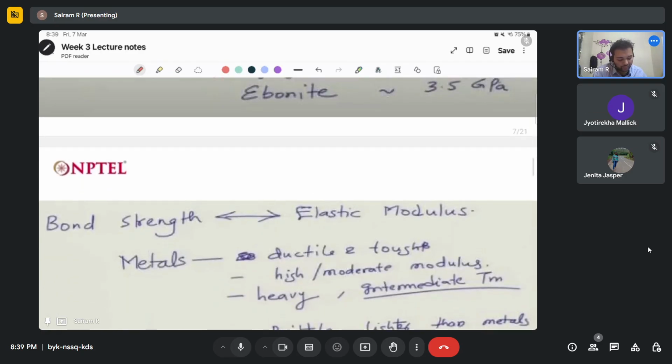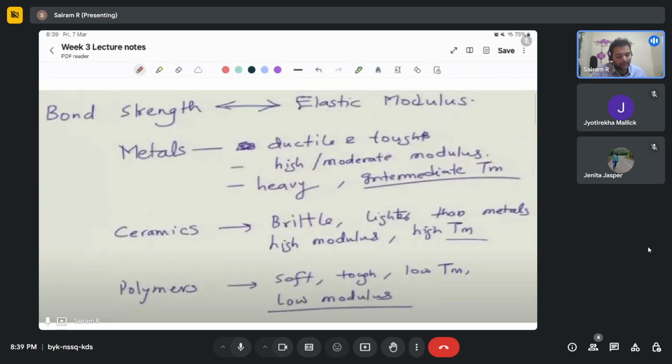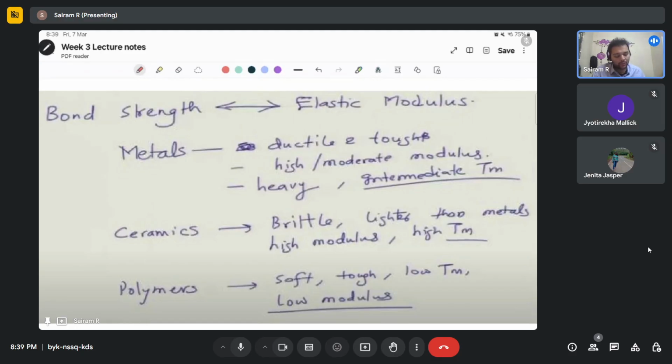So all these things are finally dependent on the bond strength or the bond energy and the elastic modulus. We see a very direct correlation between these two. Again, we see a correlation between the elastic modulus and the melting points and the bond strength as well. So if we have a tripartite vision of all these three, we can observe the nature of the relation.